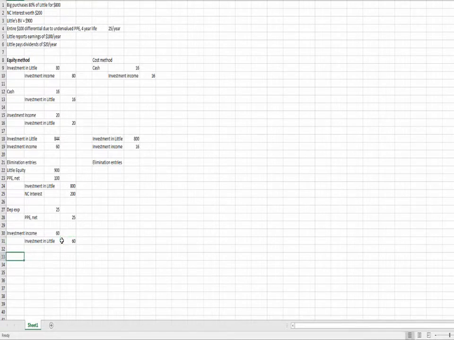D for dividends, we have to eliminate the subsidiary's dividends declared, which were 20. And again, that would be split 80-20 between the parent's investment in Little and the non-controlling interest.